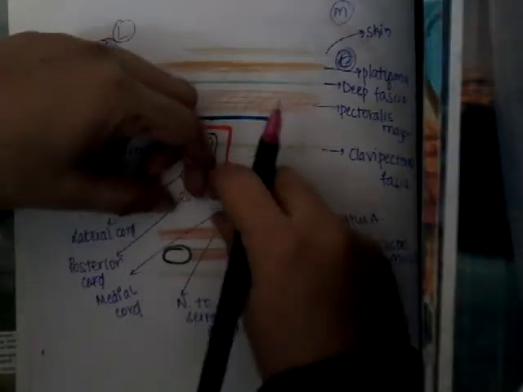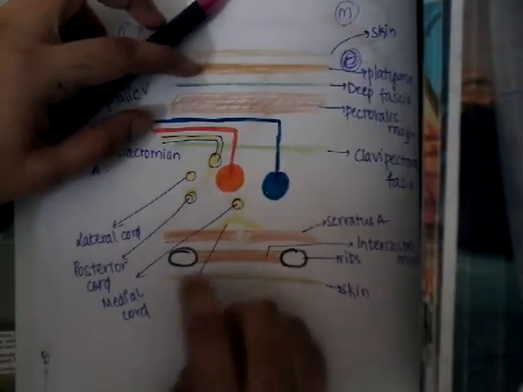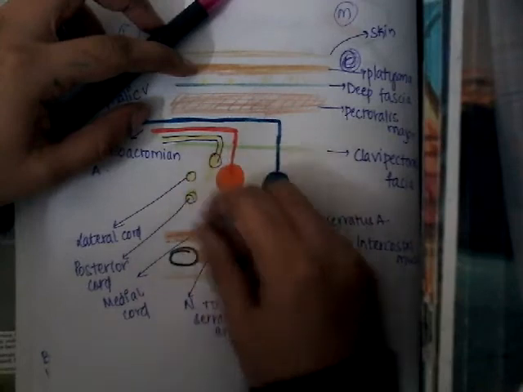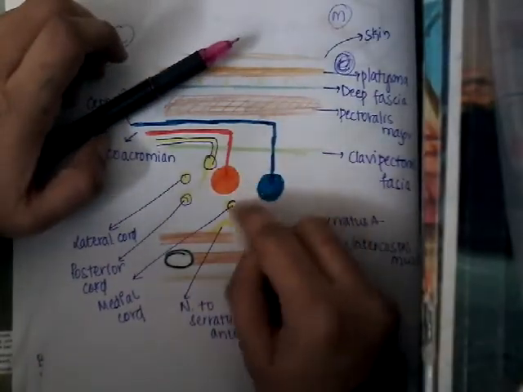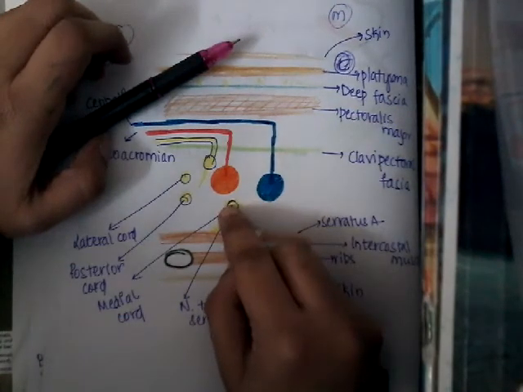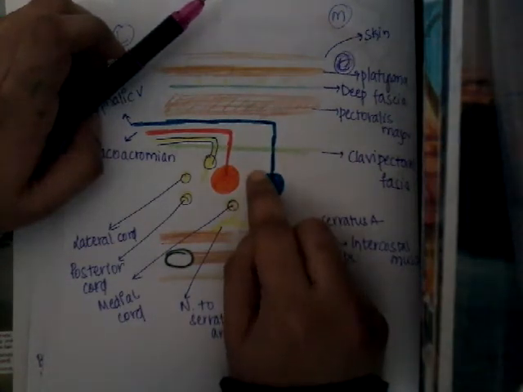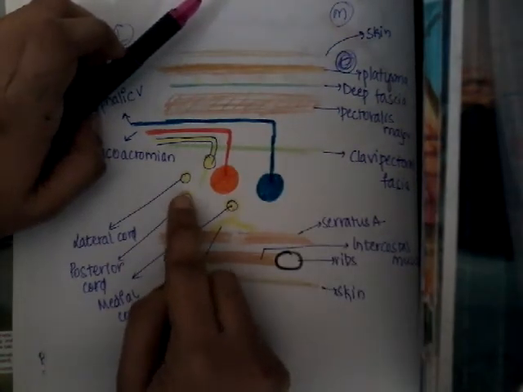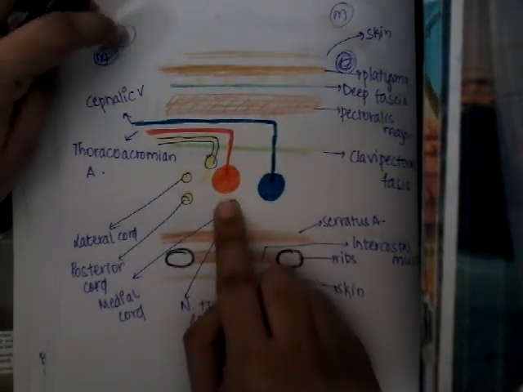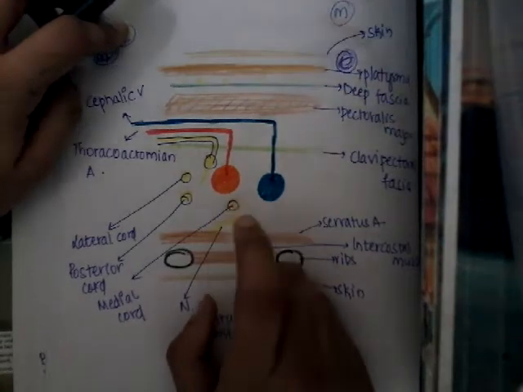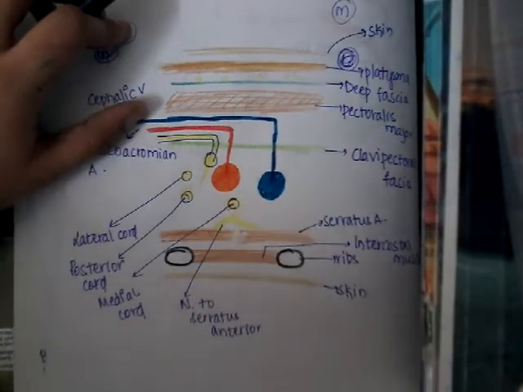Now, this whole structure moves like this. It moves a little in an anti-clockwise direction, so that the medial cord will change from its posterior position in the first part to a medial relationship, whereas the posterior cord, which is in lateral relationship in the first part, now travels and lies in posterior relationship to the second part.